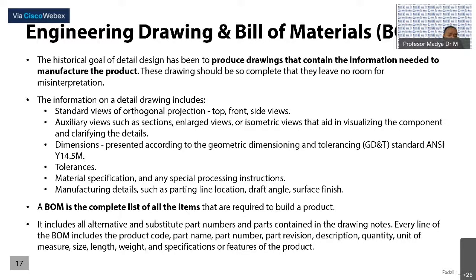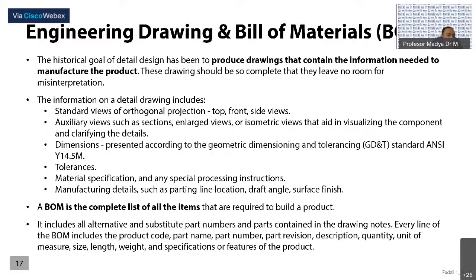Maksudnya bila you dah habis semua stage design tu, the final step is engineering drawing, because that engineering drawing contains all the information that the manufacturing engineer needs. Maksudnya all yang you design tadi you kena lukis dalam engineering drawing, ada bill of material semua, part yang ni material apa, berapa size, lengkap lah.